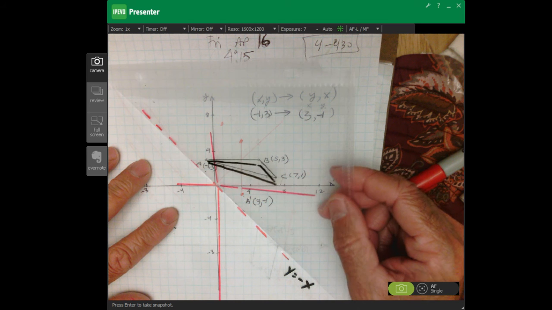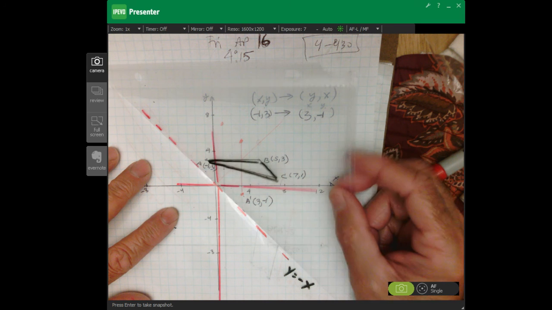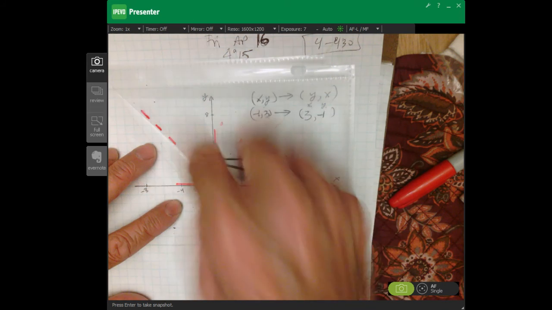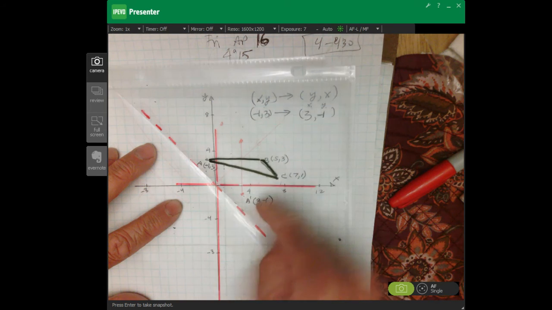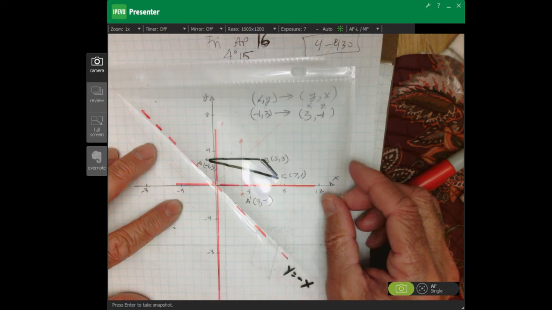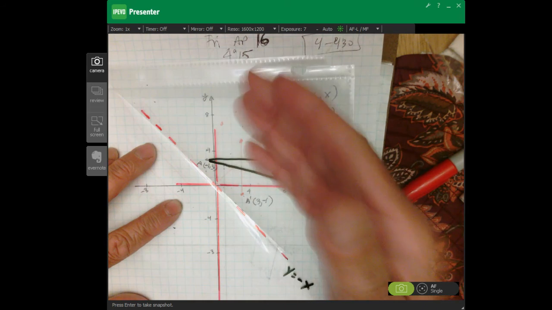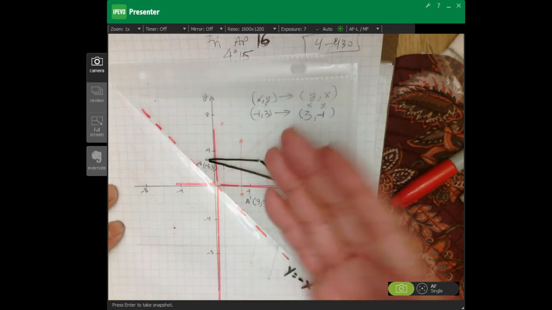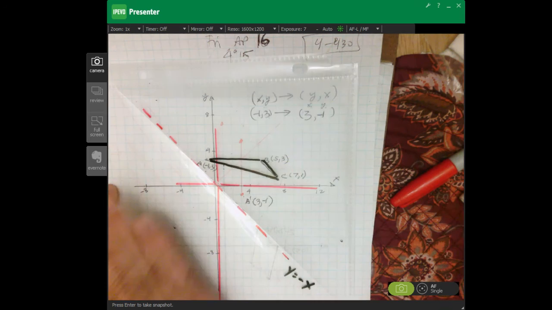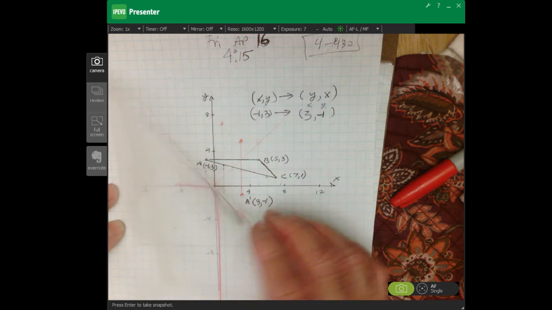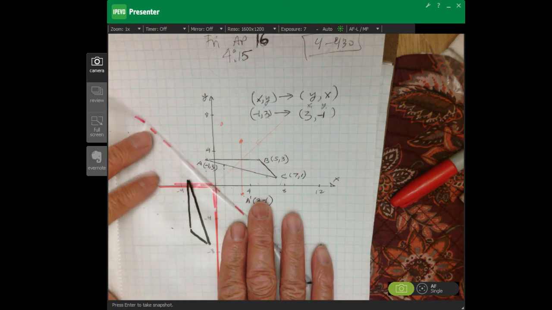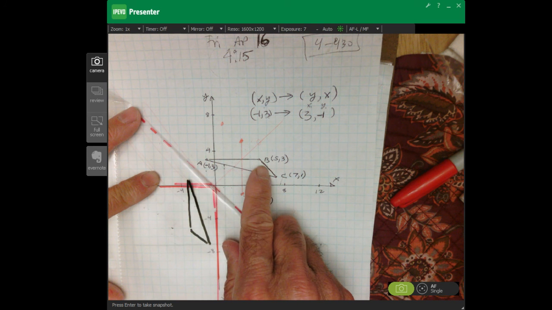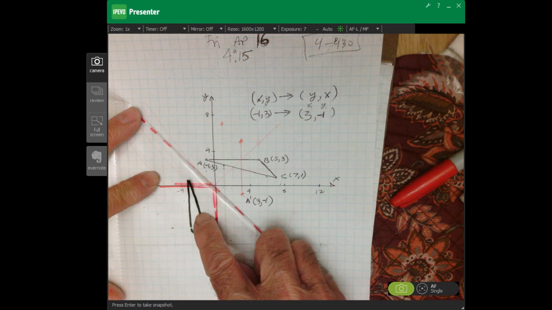Now the last one was maybe a little more complex reflection because the triangle straddled the line that it was being reflected across. Here it's not. It's all on one side of the line. So that means when we fold it, the whole triangle goes from one side to the other. And so it's going to fold over like that. And you can see that's the pre-image, that's the image.